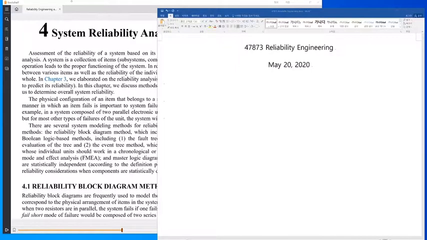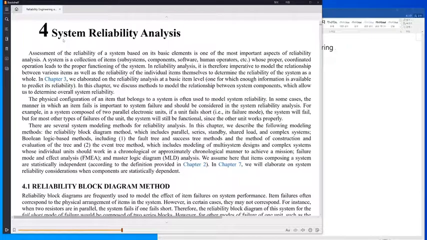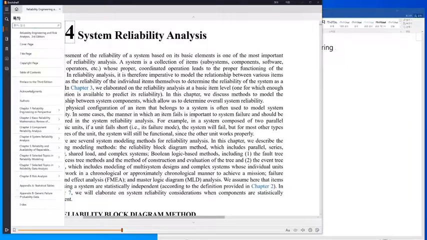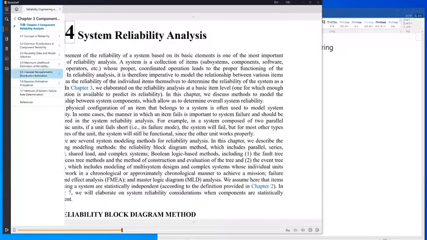Okay. So before we move to chapter 4, let me briefly talk about chapter 3. Last time we basically covered section 3.1 and section 3.2, the concept of reliability and common distributions that are used in component reliability.